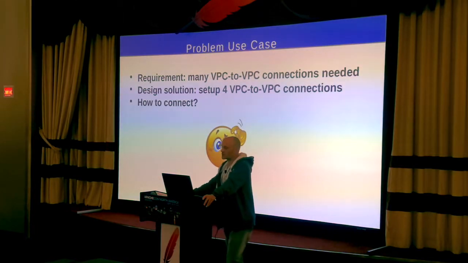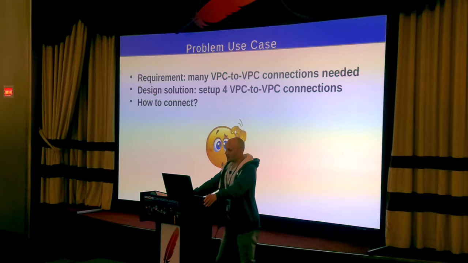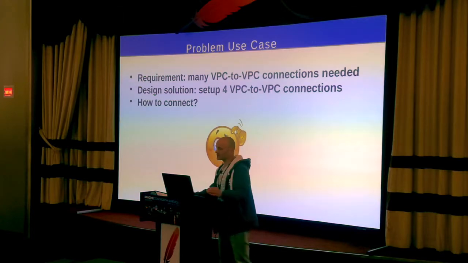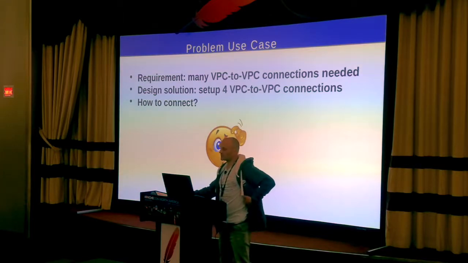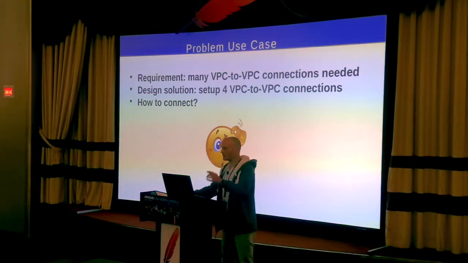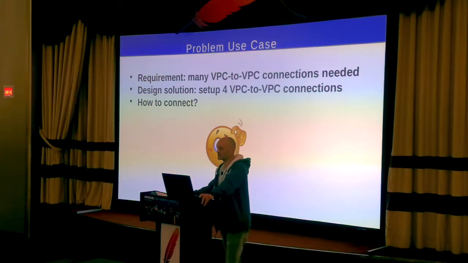So this brings us to our problem use case. We had a client at ShapeBlue that required a large number of VPC peerings. So basically, they had a large number of isolated web and application tiers, around about 20 tiers, that needed to talk to each other.